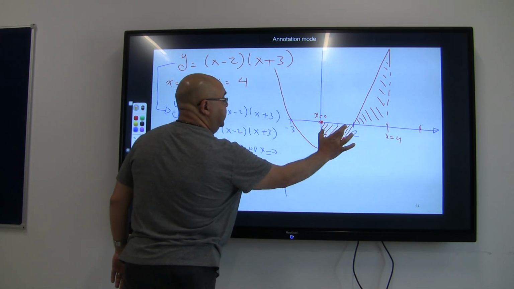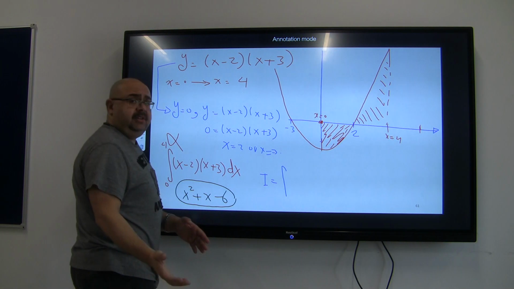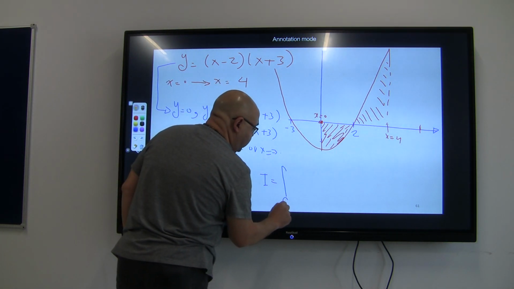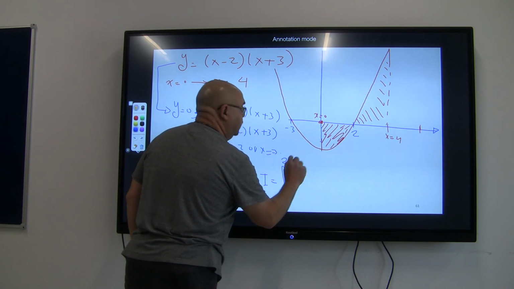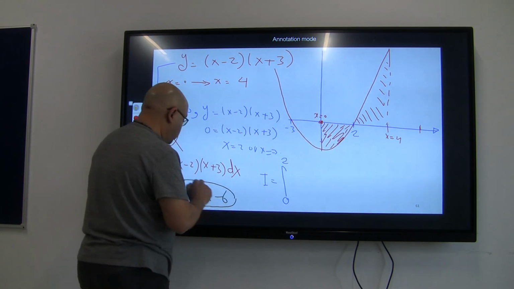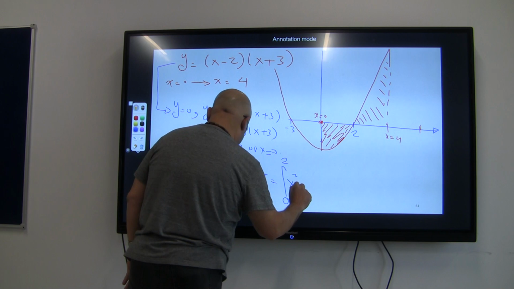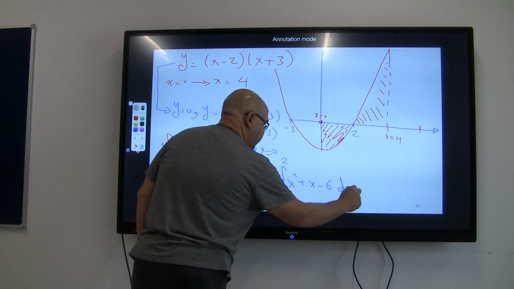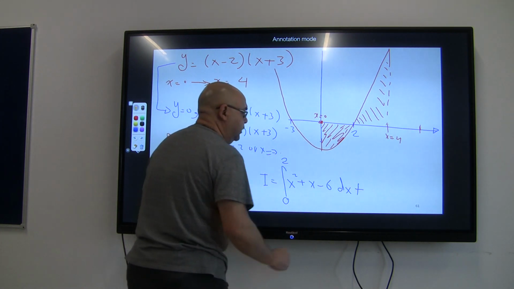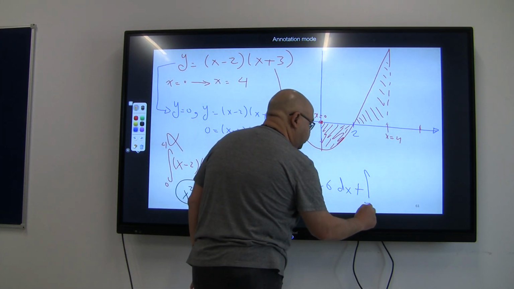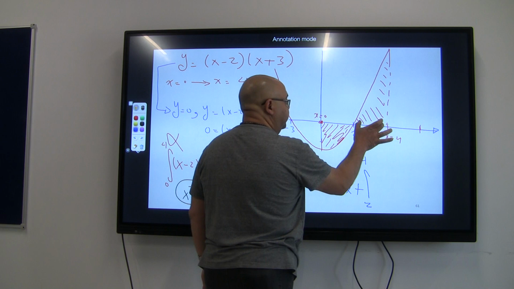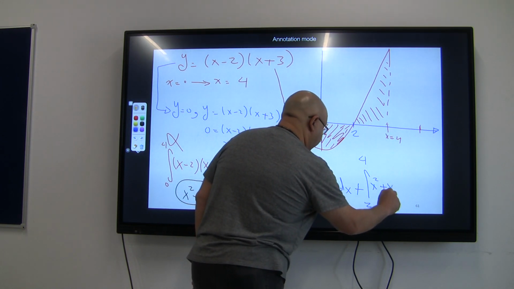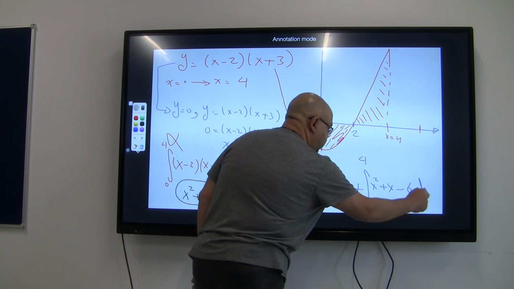First of all, I will take this part, which is on one side of the x-axis. So I'm going to integrate from x equal to 0 to x equal to 2 this part alone, for x squared plus x minus 6. Then I will add to it the integration from 2 to 4 for the same function, x squared plus x minus 6 dx.